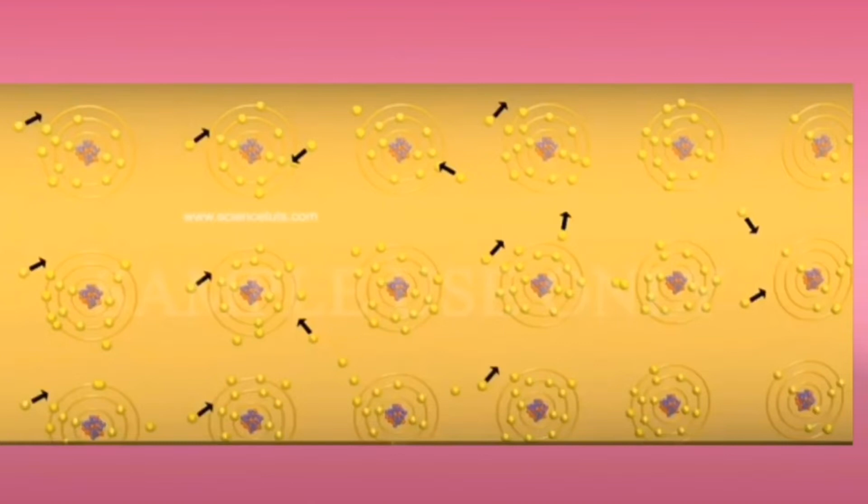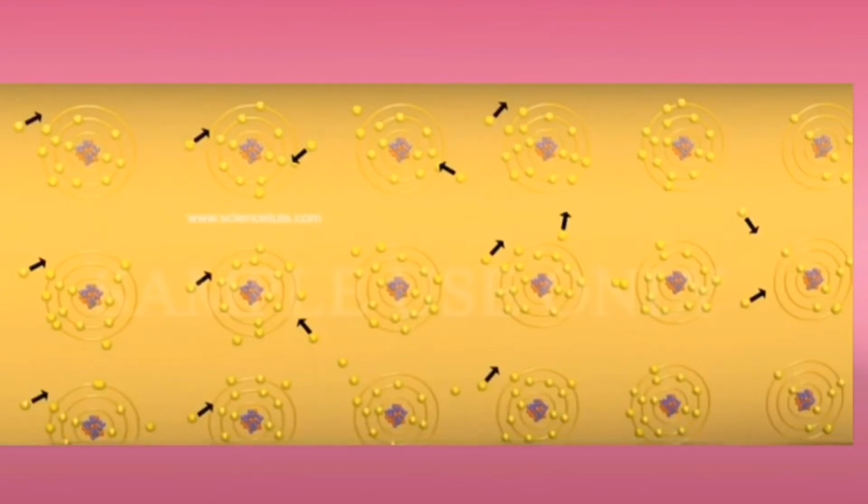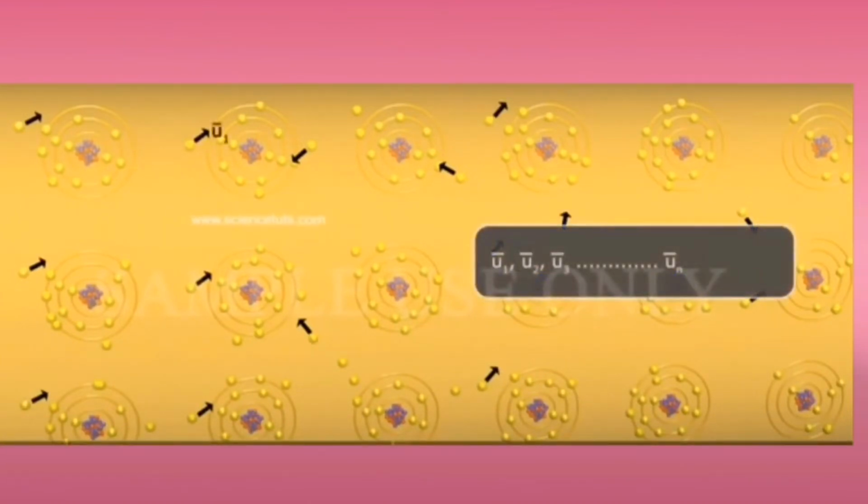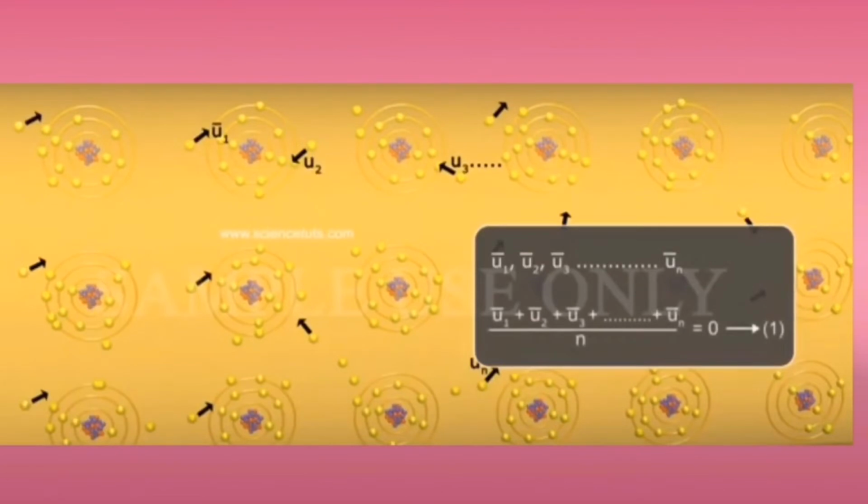Let u1, u2, u3, ..., un be the velocities of the electrons at any instant. Then the average velocity of the electrons at any instant is equal to (u1 plus u2 plus u3 plus ... plus un) upon n, which is equal to 0, where n is the total number of electrons in the conductor.